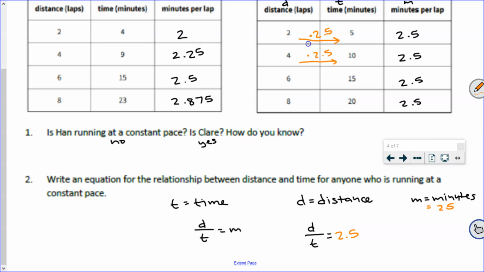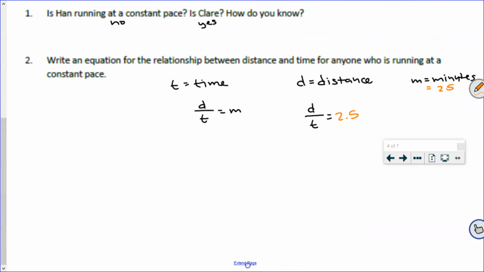Exactly. So what's the constant of proportionality? Also the same as the unit rate. Yep. Also the same as the answer. So when I take that D in the first column, I move forward into the second column by multiplying by 2.5, and that gives me the T for time.